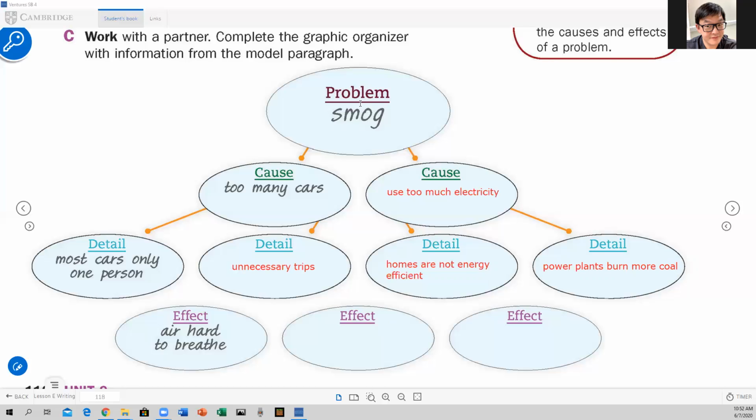So what's the effect of smog? One is the air is hard to breathe. It's hard to breathe. And what's the other effect? It's unsafe to be outside, right? Especially children and elderly, right?